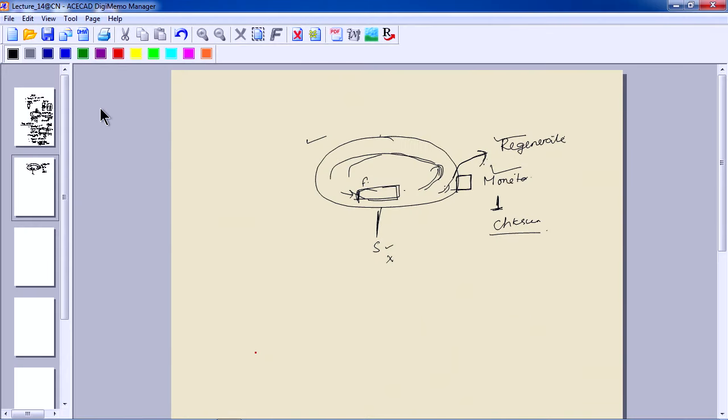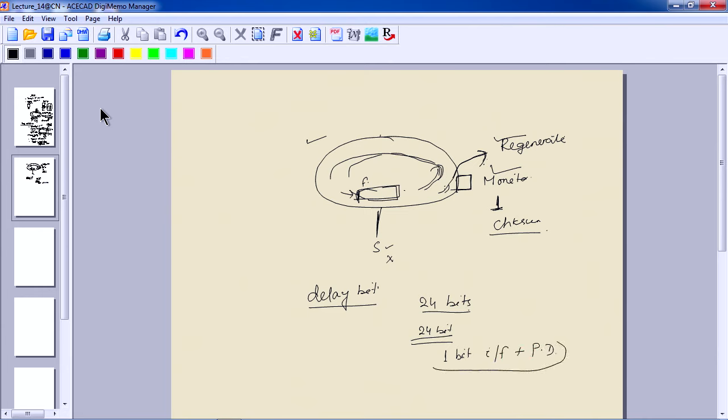And another role of this monitor, which we discussed in the last class, is the delay bit. To hold the token of 24 bits in the channel, it is required that at least 24 bits of delay be generated, and this delay should be equal to the 1 bit delay generated by the interface plus the propagation delay.